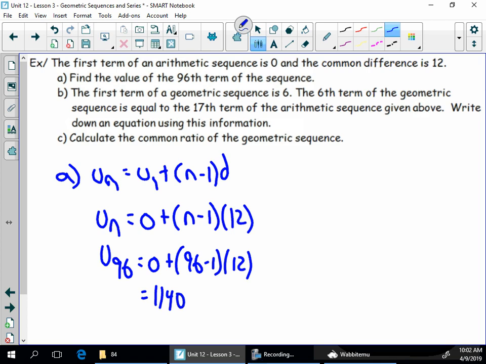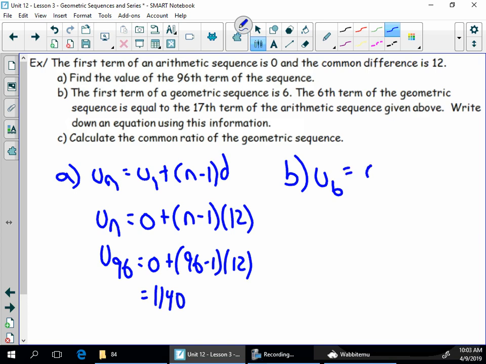Okay, part B. The first term of a geometric sequence is 6. The 6th term of the geometric sequence is equal to the 17th term of the arithmetic sequence above. Write down an equation using this information. So what do I know? Well, I know that u6 for the geometric one is the same as the arithmetic one, but it's the 17th term of the arithmetic one, so I'm going to have to find that.